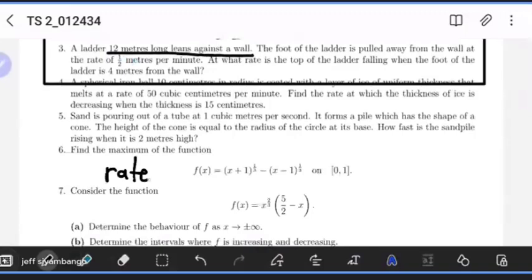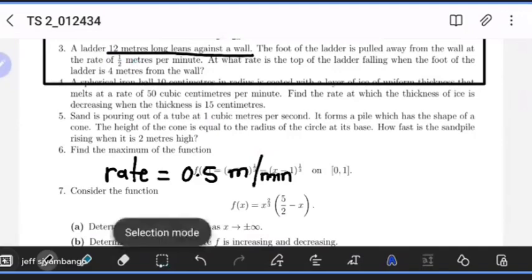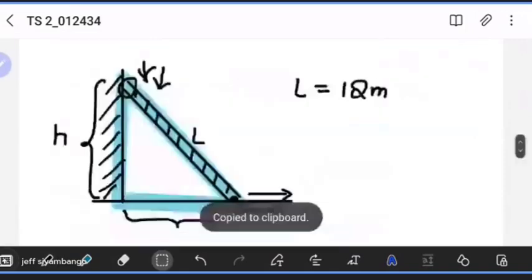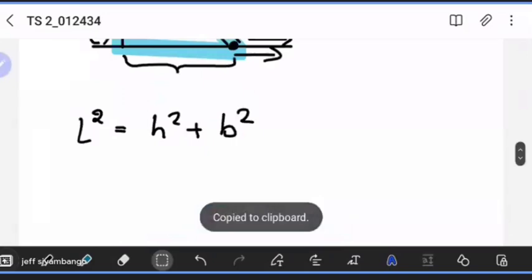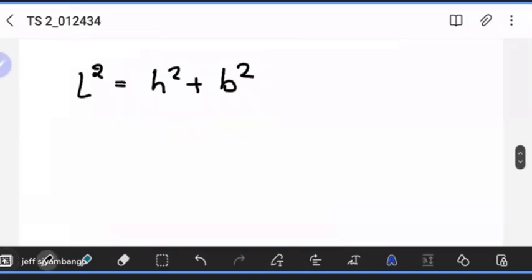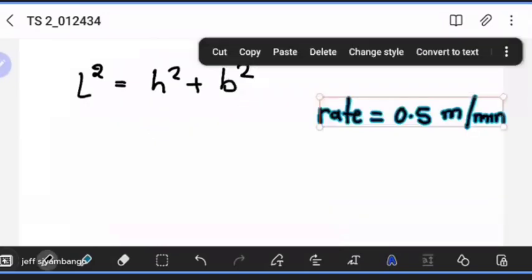We have a rate, and this is half, which is 0.5, and this is meters per minute. So in other words, our rate here is being measured with respect to time. We're seeing how a length is changing with respect to time. Based on that, our derivatives must be obtained with respect to time.